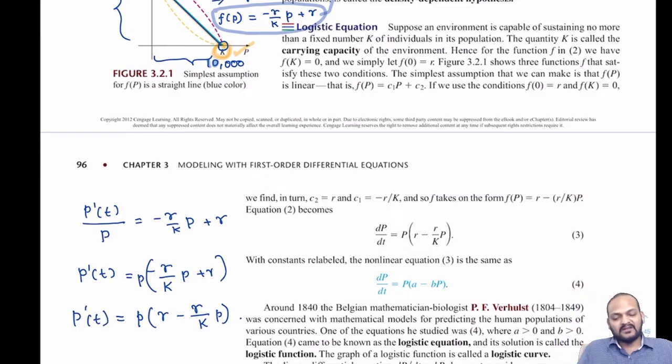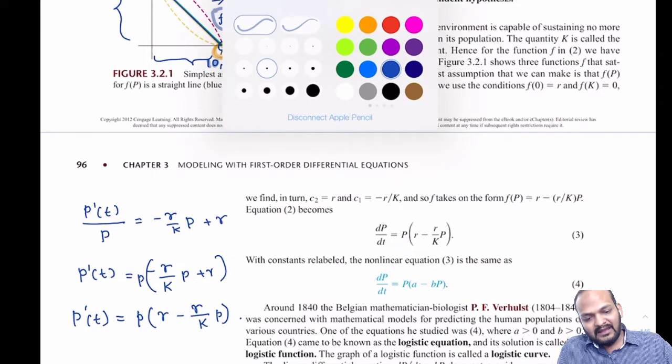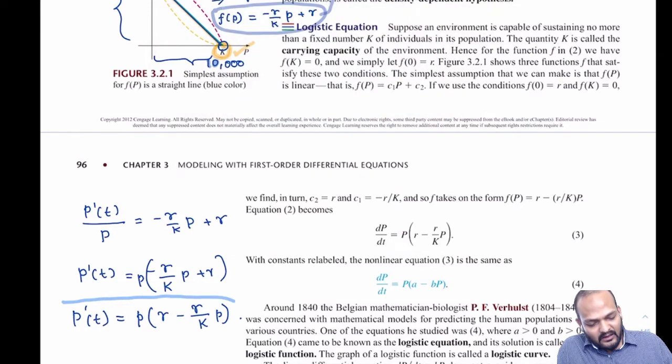And that's your P prime, the growth rate of the number of people who get infected, right? The population that gets infected. So here is the differential equation model that models the spread of a viral infection, right?